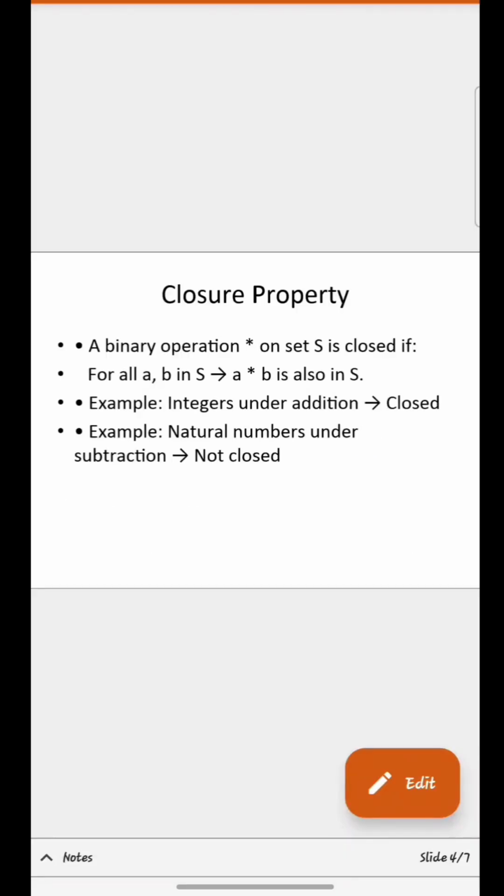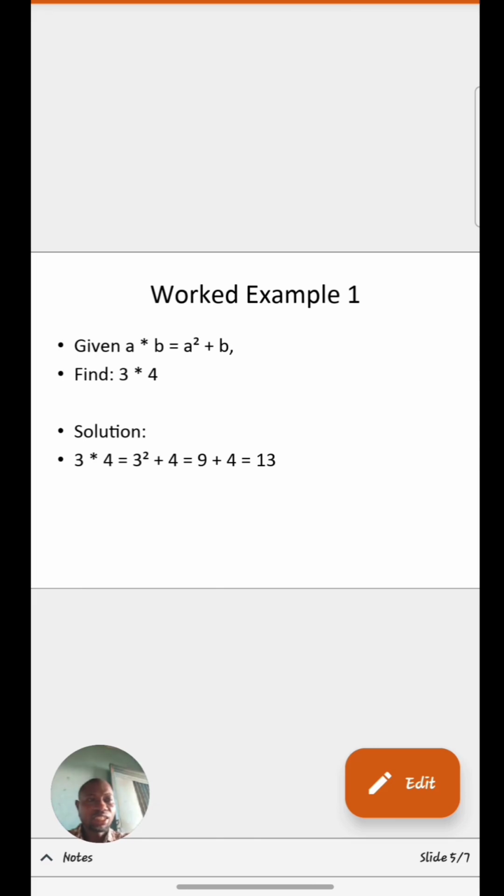So as we are saying, still on closure property, as we have recently defined, closure property is that a binary operation on set S is closed if A and B in S also give us a result that is in S. So an example of that is this.